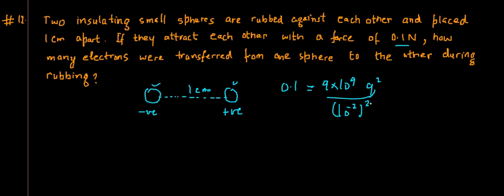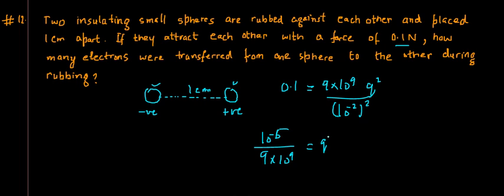Okay, now this turns out to be 10 to the power of minus 1. You multiply it with 10 to the power of minus 4, that's equal to 10 to the power of minus 5, and then you divide by 9 into 10 to the power of 9.